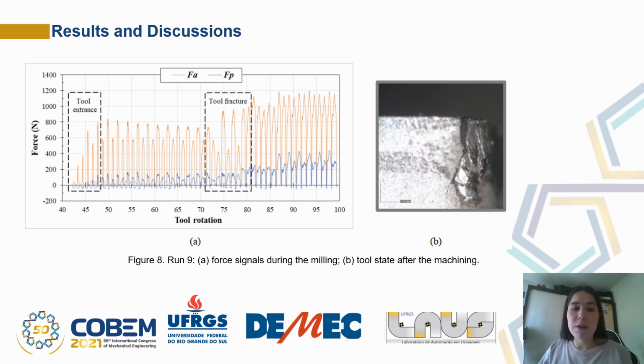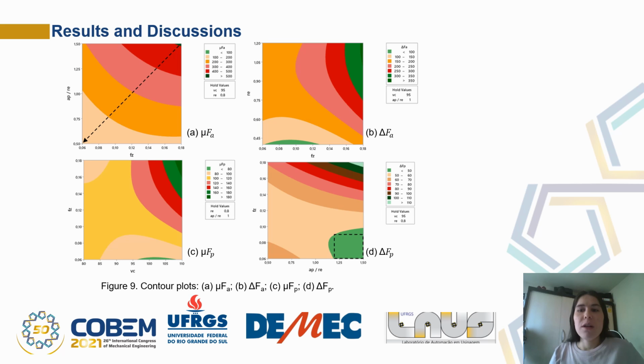Figure 8 shows the first sign of vibration during the milling, and 8b shows the two states of the machine. The variance analysis was obtained in this study.